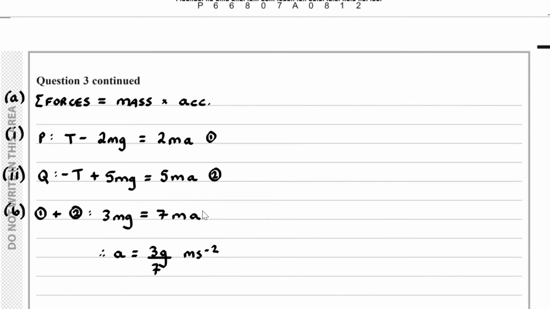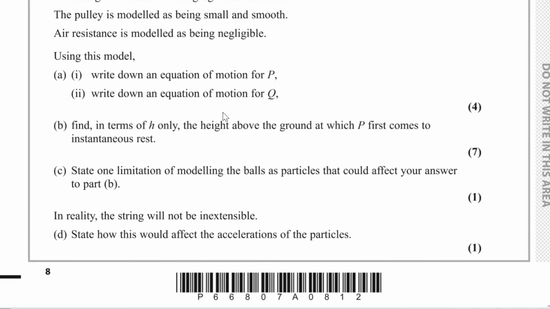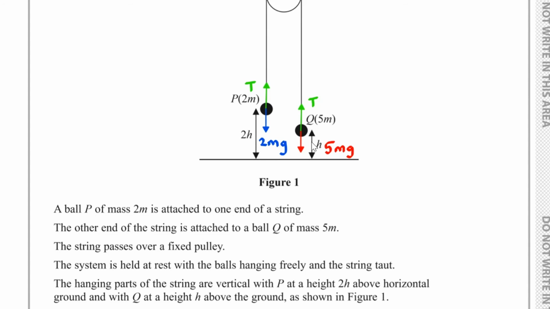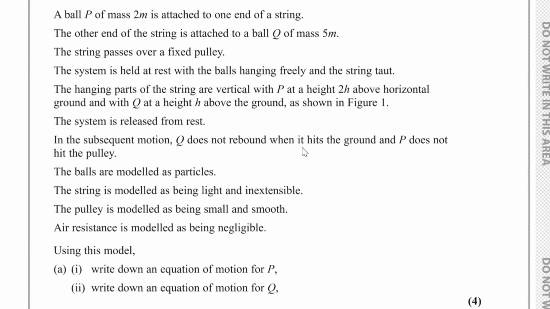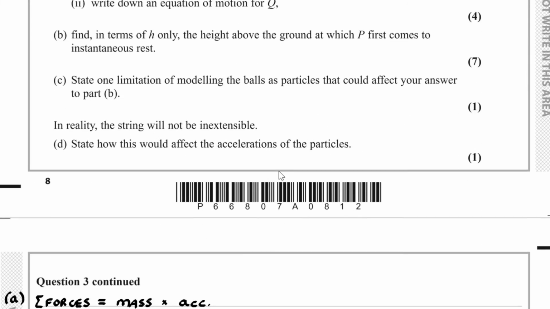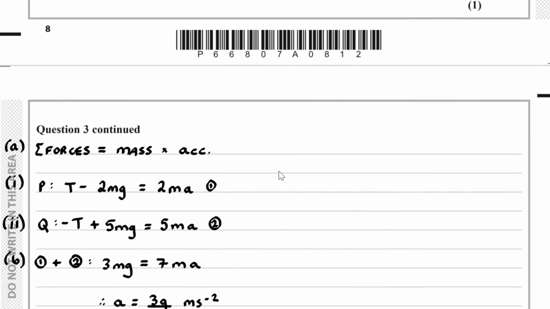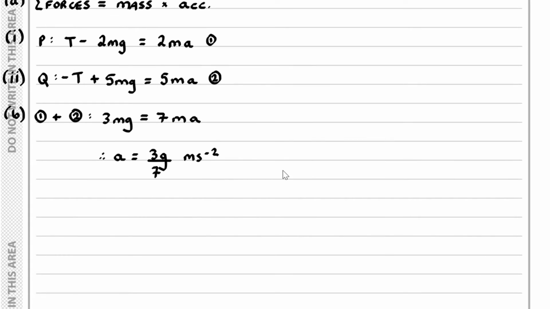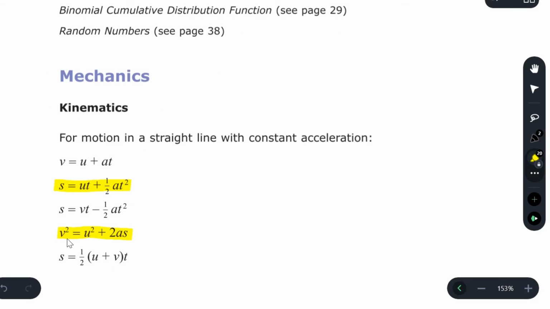Now, what's happening is, if we go back to the diagram, Q hits the ground and P moves a height of h upwards. And what we can do with that information is find out the speed P is travelling at when Q hits the ground. If we go to our formula book, we need to use v squared equals u squared plus 2as.